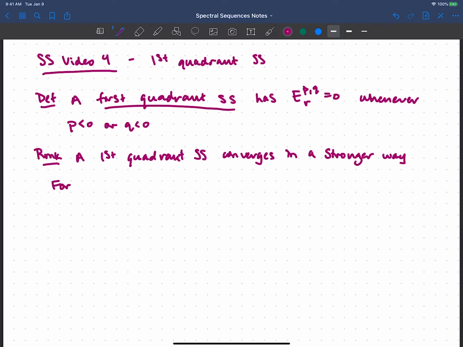In a first quadrant spectral sequence, when we look at each bi-degree p,q, it's still going to depend on what spot we're at.